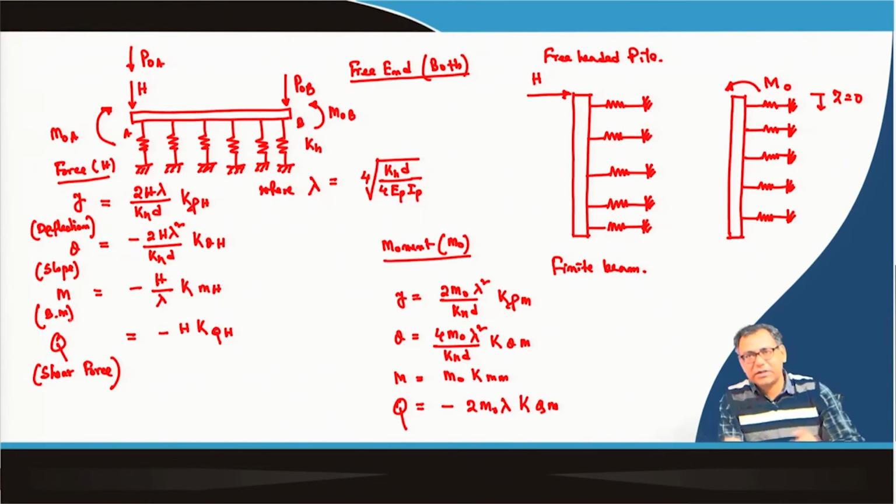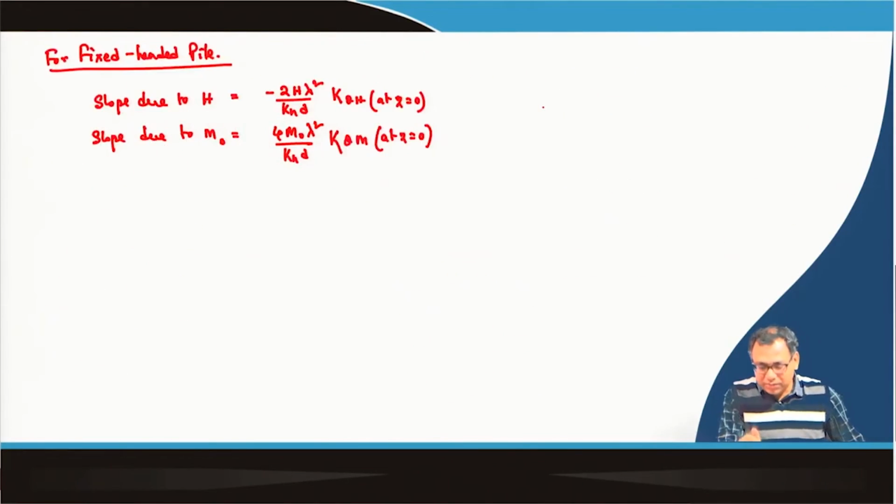If the direction of the load changes, the sign of the equation will also change. So, we have to use these equations under these loading directions. Here the moment and H are acting in opposite directions, to make the net slope 0, so we will take only the magnitude of the slopes.